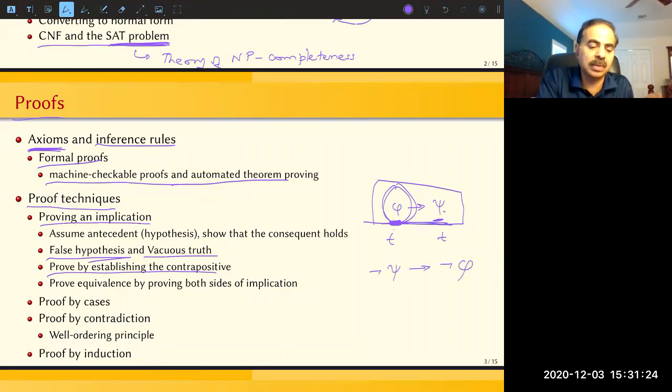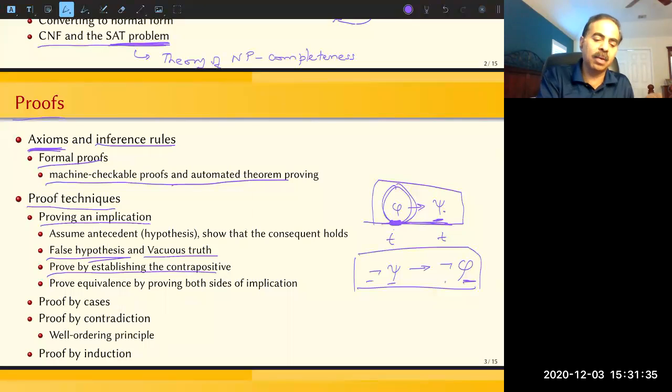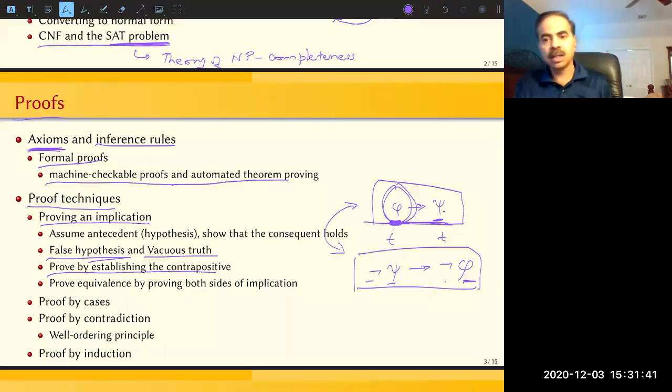So whatever was on the right hand side now comes to the left, and whatever is on the left has gone to the right, and then we put a negation in front. So that is called a contrapositive. And one of the basic properties of propositions is that these two are equivalent, right? And because they are equivalent, instead of proving an implication directly, you can prove its contrapositive. And sometimes it turns out to be easier to prove the contrapositive, right?